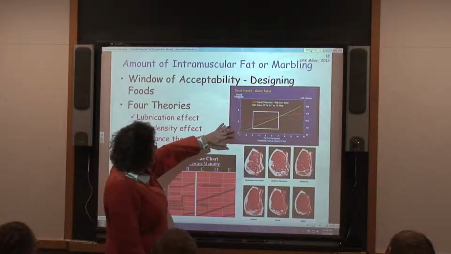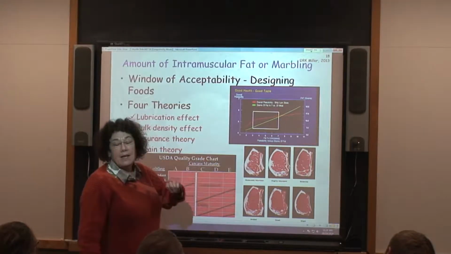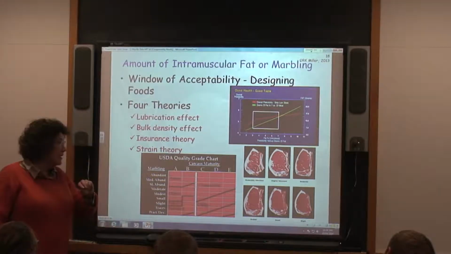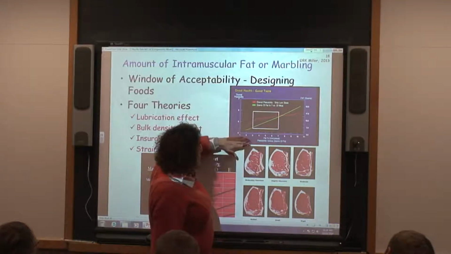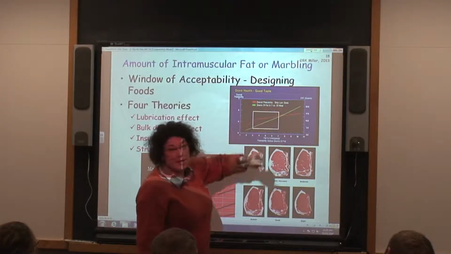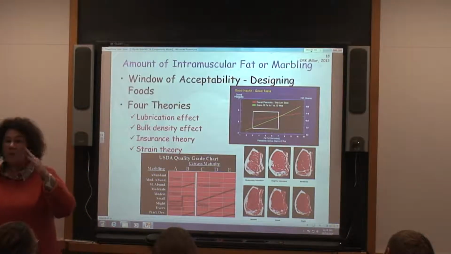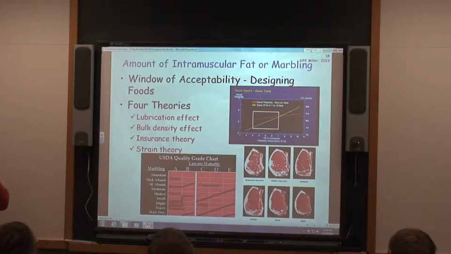So you can see this starts at a 4, which would be slightly tough, slightly dry, and slightly bland, and goes up to almost a 7. And as chemical lipid increases, the green line goes up very linearly.